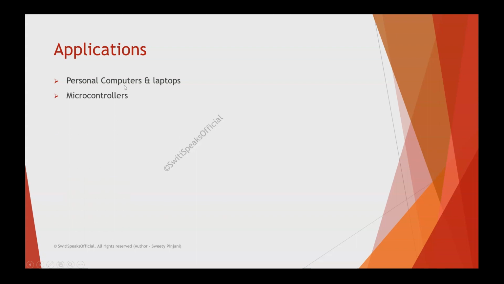The second application is microcontroller. What is a microcontroller? Microcontrollers are like small computers which can be used in various applications such as home appliances, like your microwave, then automotive systems or some industrial automation equipment.